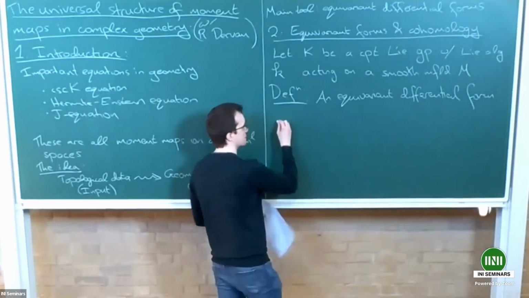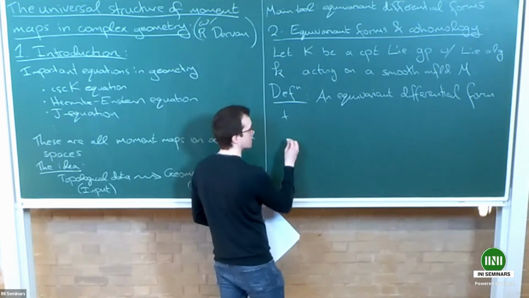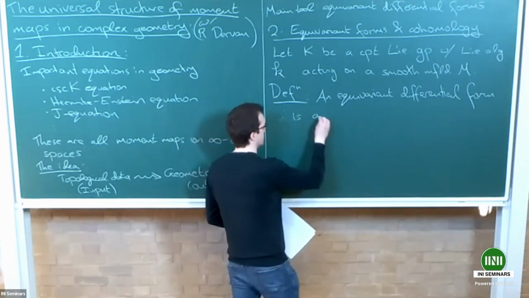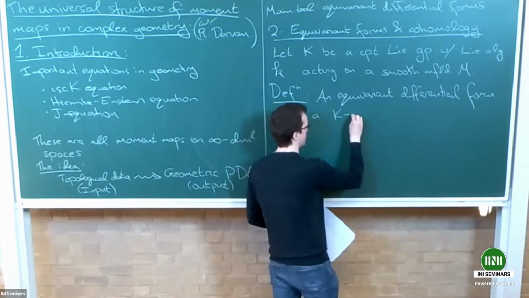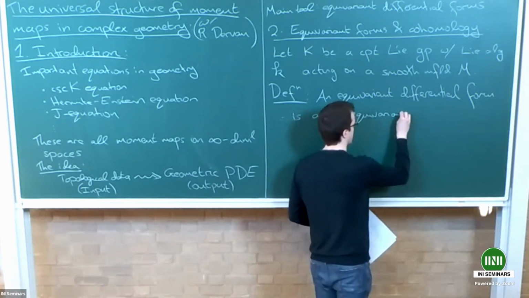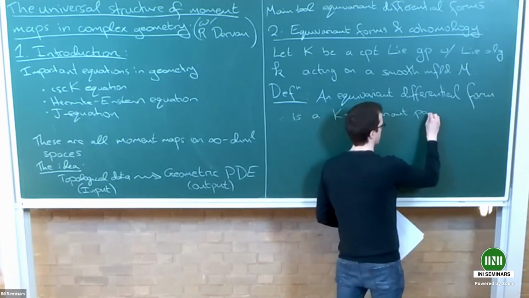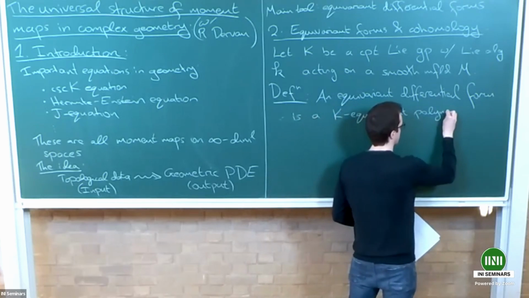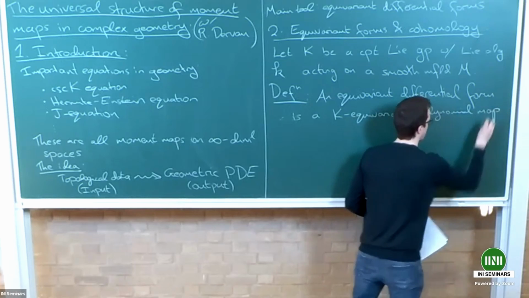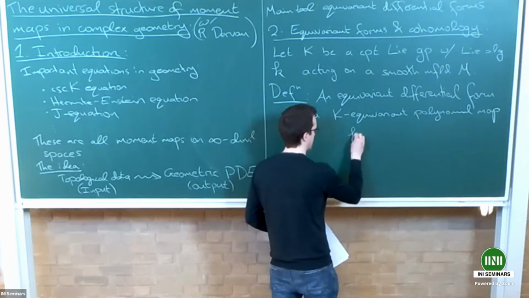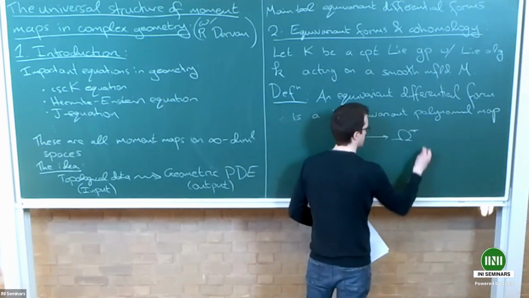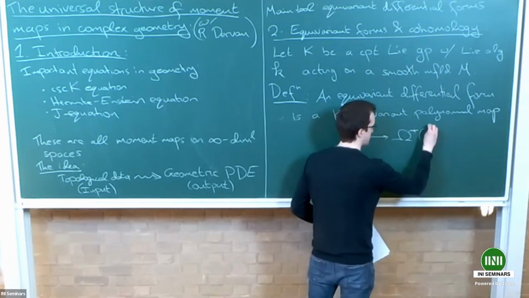It's a K-equivariant polynomial map from the Lie algebra k to the space of differential forms on M.